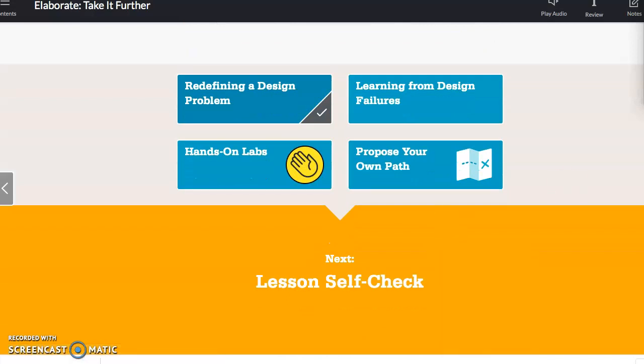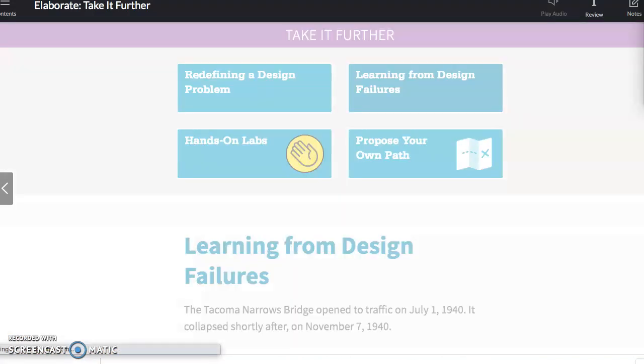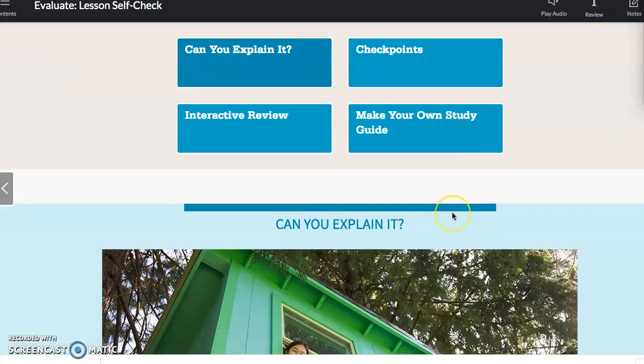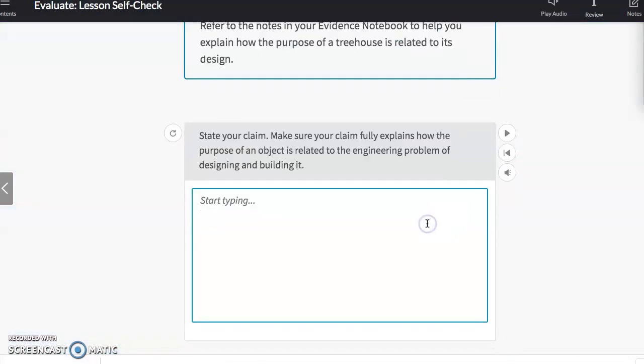Now we're going to move on to the self-check. How can you explain it, and what is the claim of how you're going to design and build this amazing treehouse? So the criteria of the treehouse is it can fit in the tree and people can sit in it.